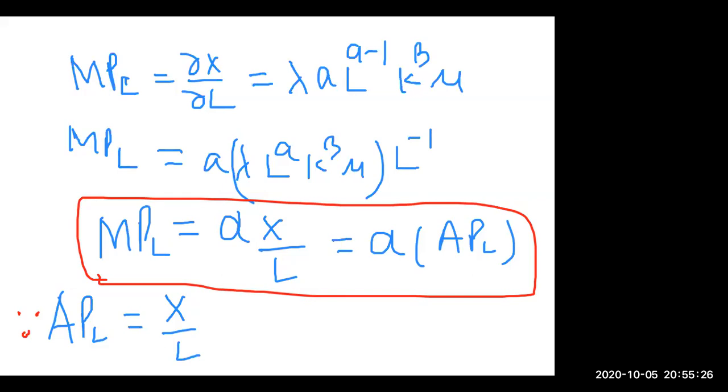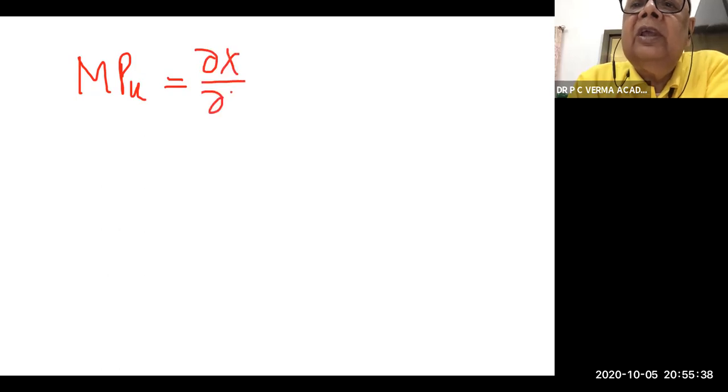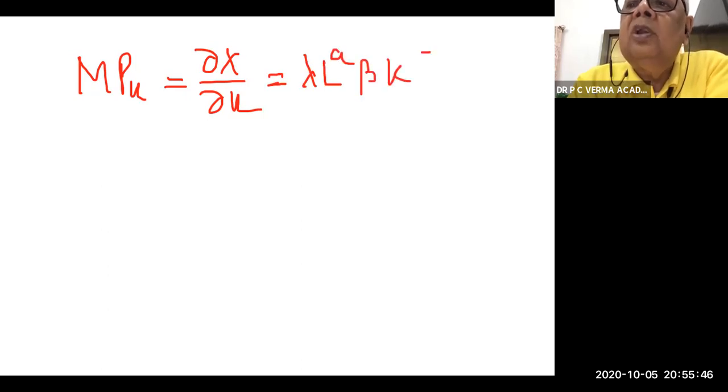Now MPK is equal to del X by del K, which is lambda L alpha beta K beta minus 1 mu.